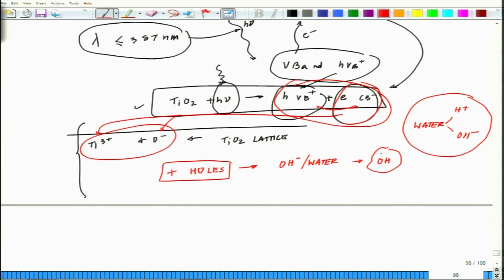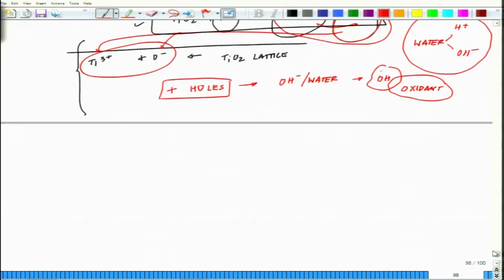We talked about it just a few minutes back, which is an extremely powerful oxidant, because we are generating ROS, reactive oxygen species. Similarly, the hydroxyl radical can subsequently oxidize the organic species. So when you talk about organic pollutants or any other stuff, they are oxidized with mineralization producing mineral salts like CO2 and water.